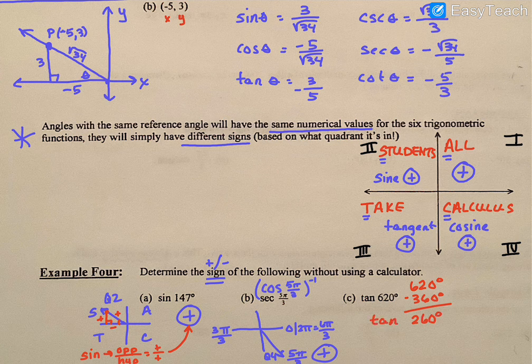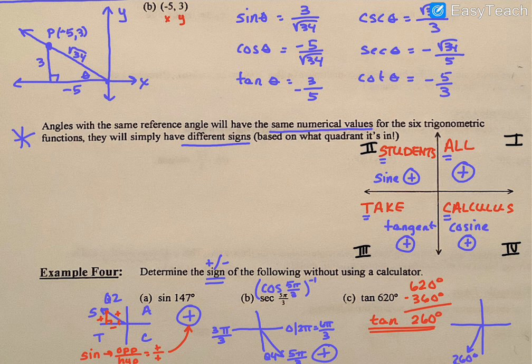Is tangent of 260 degrees a little bit easier to think about, I hope? Can you visualize where 260 ends up? I draw my x and y axes, 0 to 90, 90 to 180, 180 to 270. Realize that 260 would be right before that.